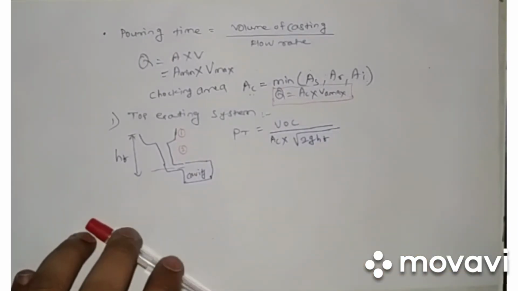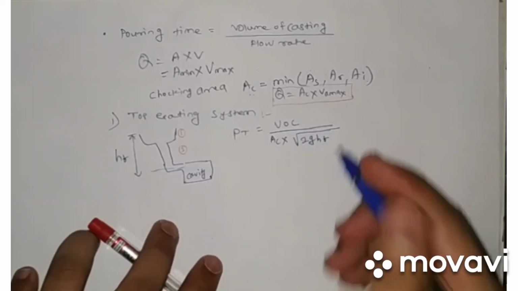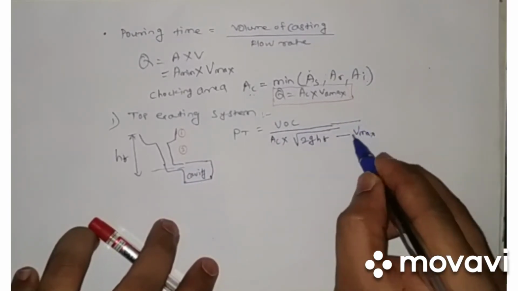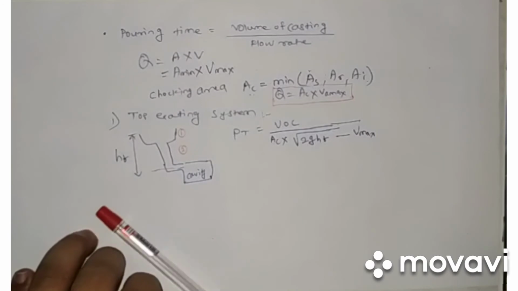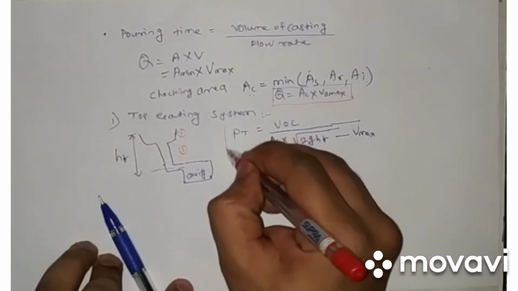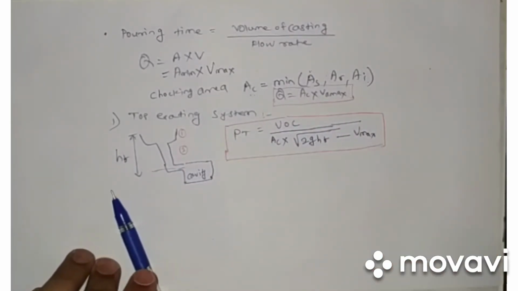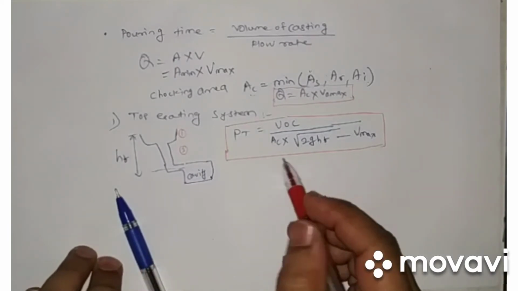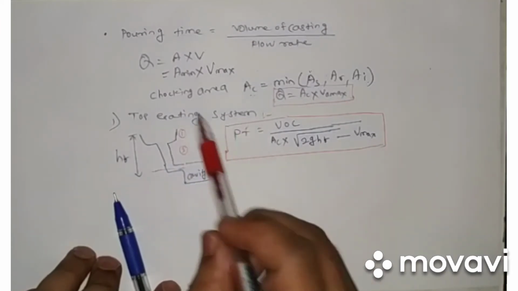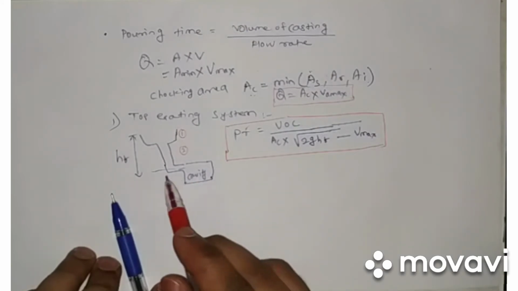Okay, so this HT is the total height, and that will give us the maximum velocity, and that's why we will get the pouring time as this formula. Now the top gating system is the simplest system, and it gives the minimum pouring time. So out of all the gating systems, in the top gating system we get the minimum pouring time, as the velocity which we get is maximum.